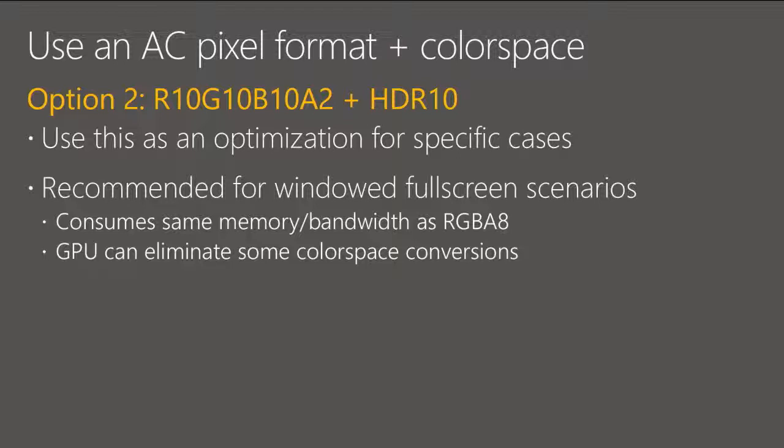First, it consumes less memory than option 1, but also HDR10 is the standard color space for transmitting HDR content over DisplayPort and HDMI, and is also used for storing a lot of HDR video. So in the full screen app case, the GPU sometimes can optimize, for example, by directly copying the HDR10 content and sending it out over the wire without needing any conversions.